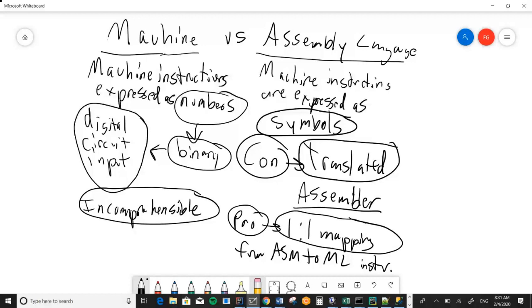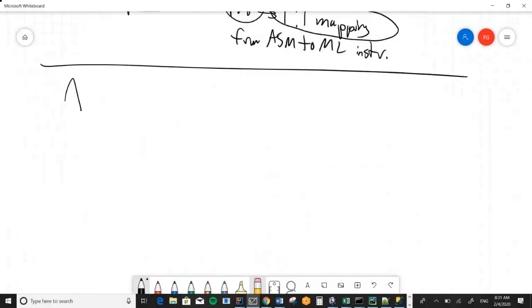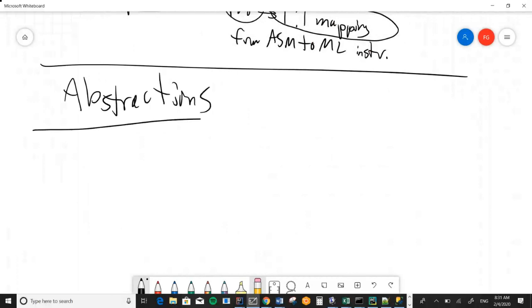But if one is being highly precise, this is the distinction between the terms, and it's good to be clear on that distinction. Okay, so what are the main abstractions available to an assembly language programmer? And this applies essentially to any assembly language, not just what we're going to be specifically looking at.